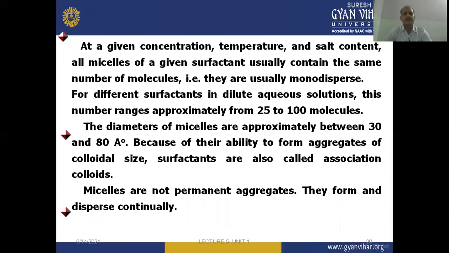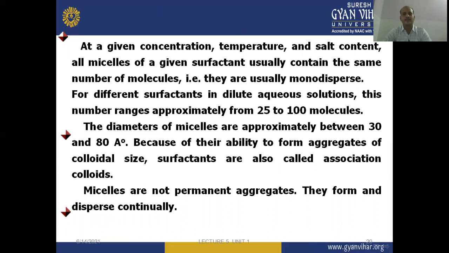At a given concentration, temperature and salt content, all micelles of a given surfactant usually contain the same number of molecules. They are usually monodisperse in nature. For different surfactants in dilute aqueous solutions, this number ranges approximately from 25 to 100 molecules.